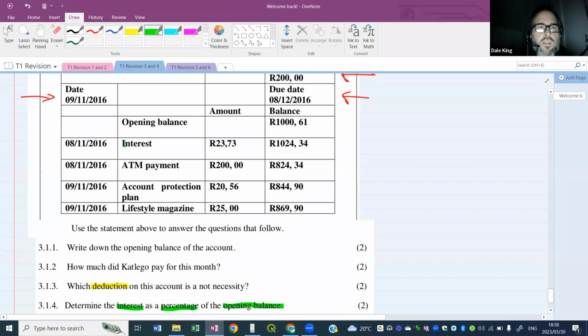Okay, so we see here on the second line, there is interest that is charged. Determine that interest, which is 23 and 75, as a percentage of the opening balance, which is the 1,061. In other words, it's saying you paid 23 and 73. What is that interest payment as a percentage? Because we want to work out how much interest this person is paying on what he's owing.